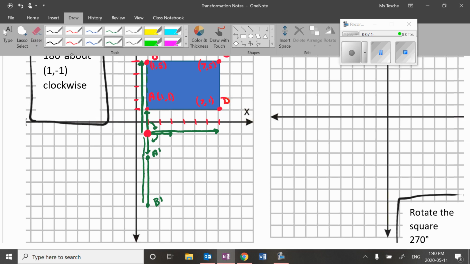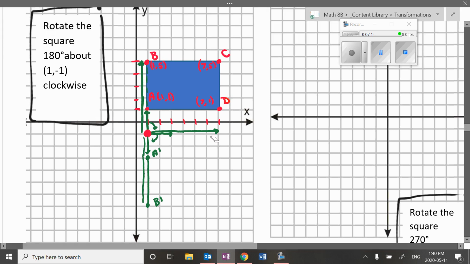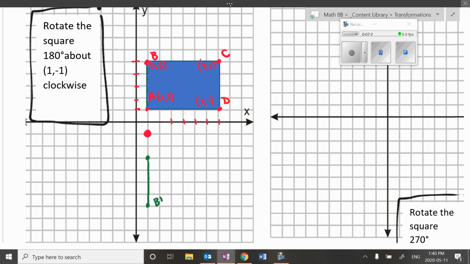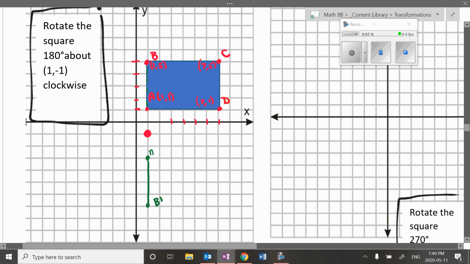Because I'm doing this on my computer, it makes it a little bit easier. I'm going to erase these other lines just because it'll make it a little bit more clear for us to draw the next couple, just so you can see what I'm writing a little bit easier. So this was A prime. So my D side, I'm going to go up 2 from my point, and then 6 over.